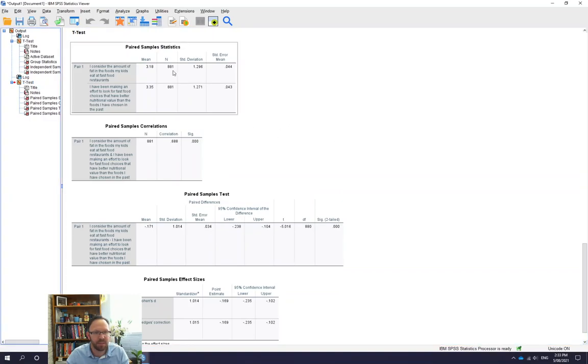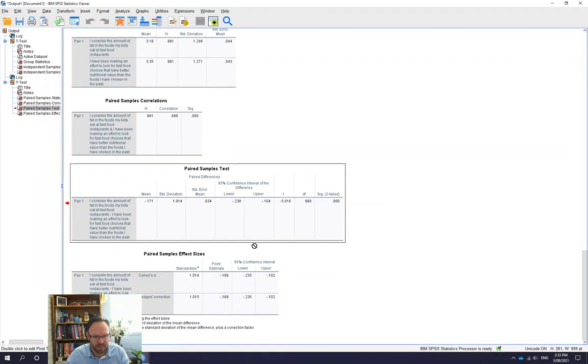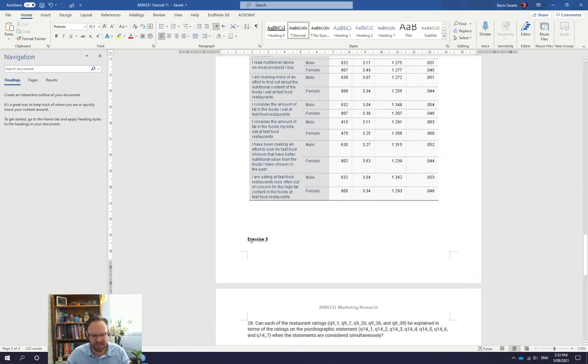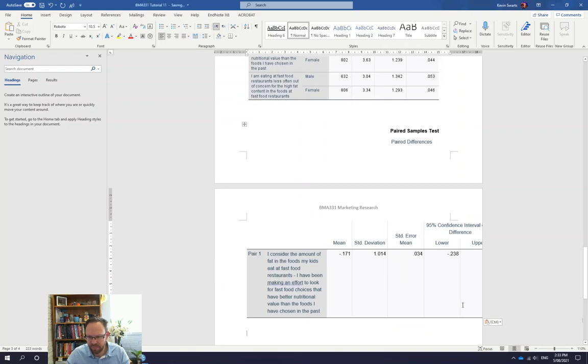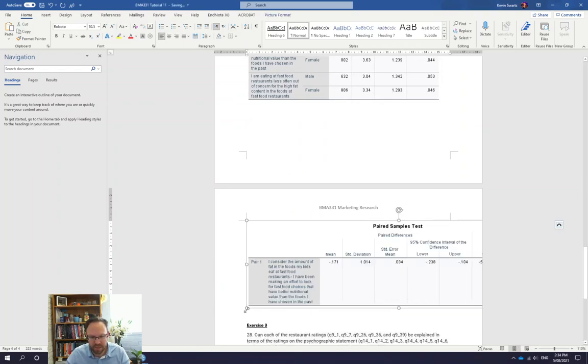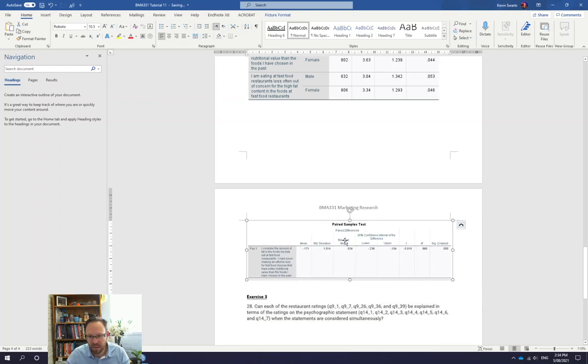T-test. Alright, so paired samples, and I want this one. We don't have to worry about Cohen's d and Hedges' correction yet. If you want to explain what that is in your work, go ahead and do it. I'd love to read it, but I'm trying to keep this as simple as possible at the moment to get you through. Right, paste that, and we'll make that smaller.